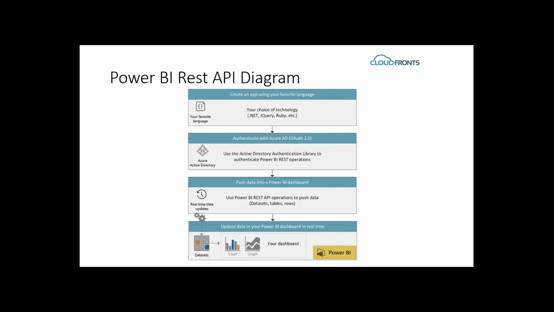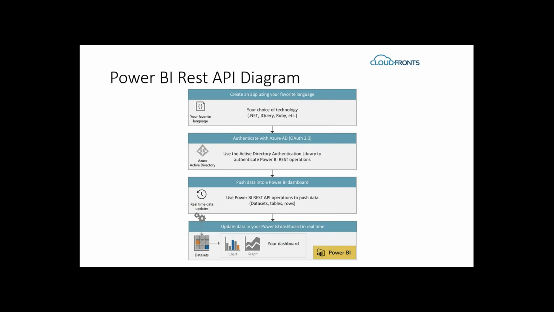Also, the user with which we will be authenticating has to be a Power BI online user. Once we have authenticated our users from our applications, we can start pushing data into Power BI datasets. Inside Power BI, we can create our own datasets and our own tables, and then start pushing data into these tables.